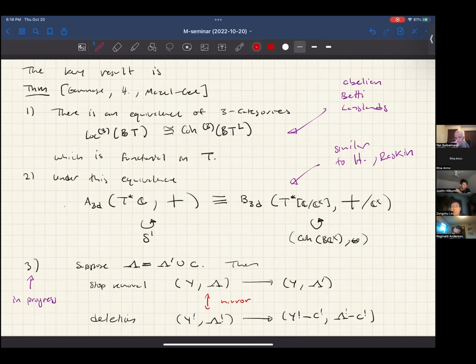And then in order to get everything else, we worked out the equivariant version of the story. So we said, okay, perverse sheaves on C with a singularity at the origin, there's an S1 action on that category, we can lift it. And then we worked out what the lift was on the B side. And then basically we proved some way in which these things were exchanged.